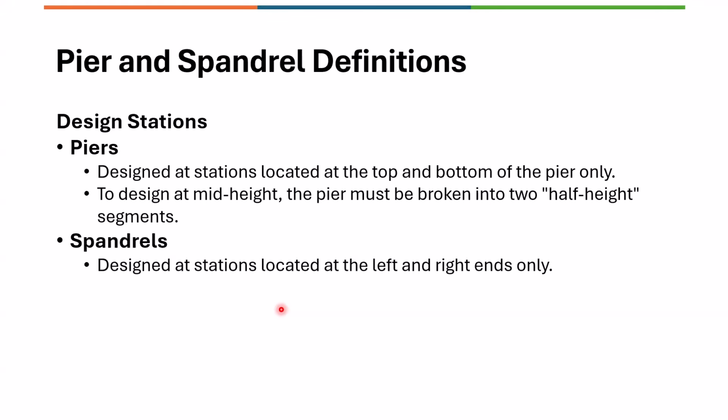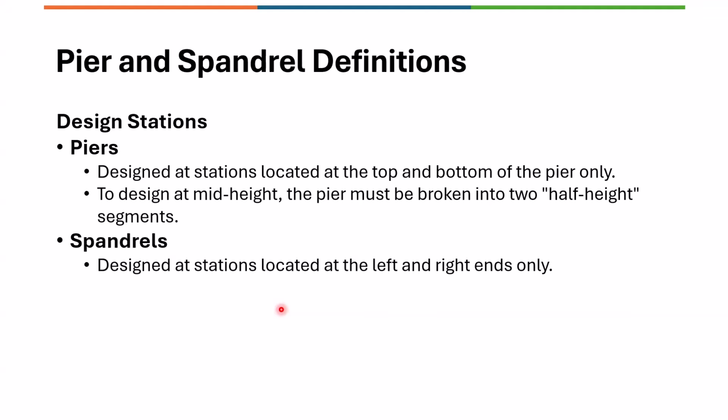Only the top and the bottom will have the output, design output. So accordingly, we'll have to choose the labeling. Same goes for spandrel. Spandrels report design outputs only at the ends, the left end and the right end.